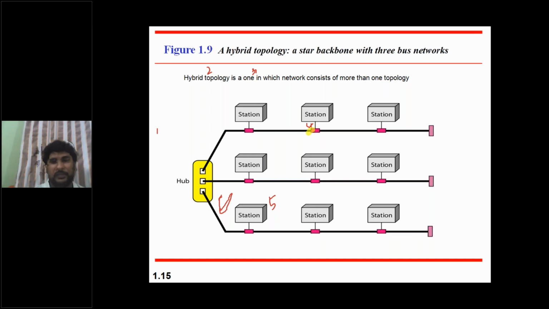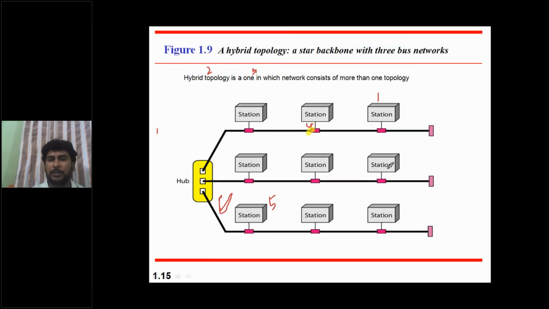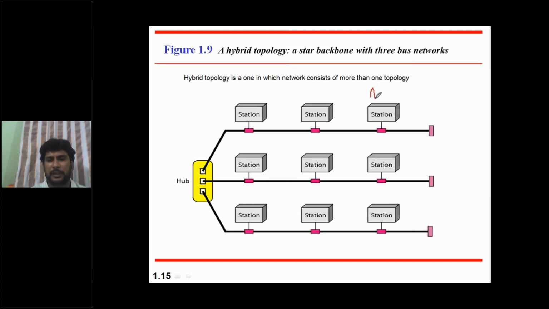For instance, let me erase the previous one and start. This is the device called A, and it would like to communicate with the device called H. These two, A and H, are not directly connected by a link.